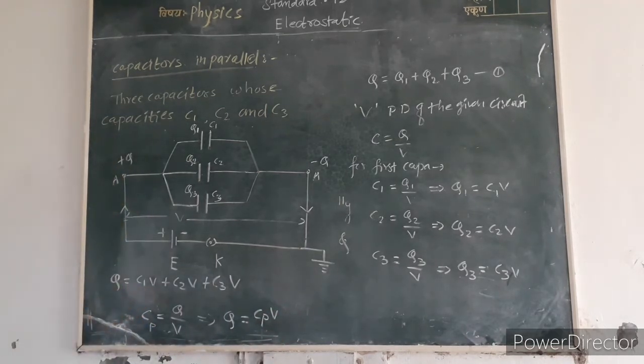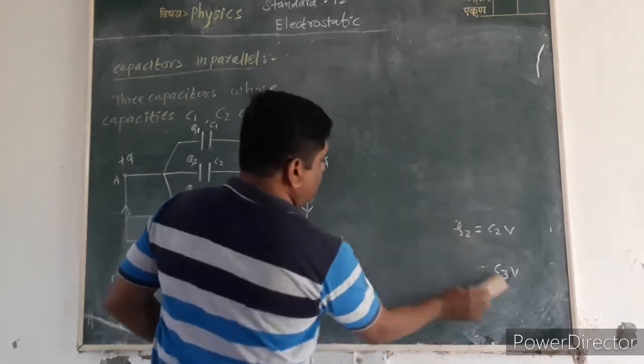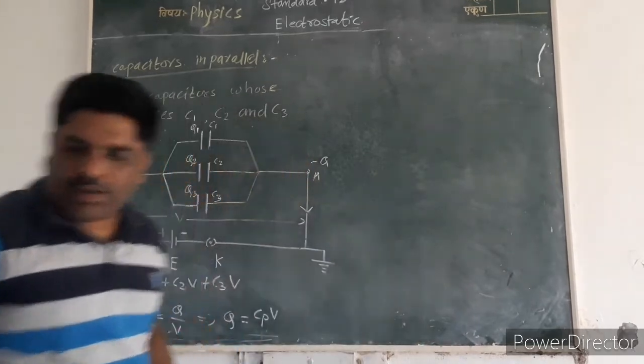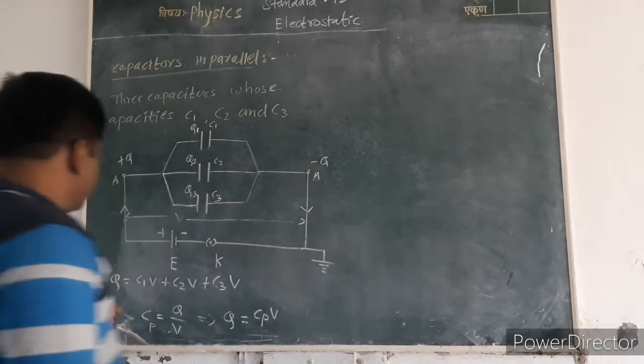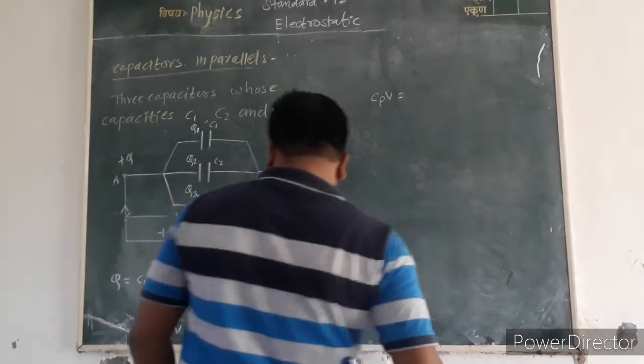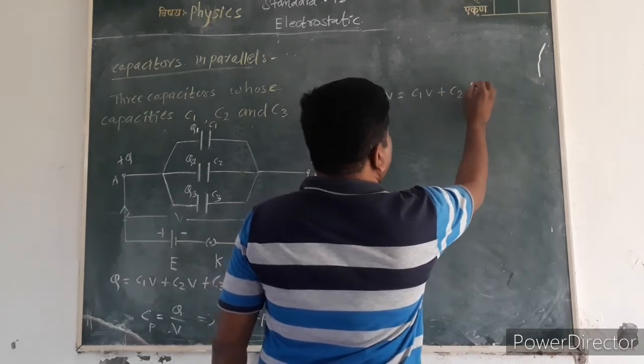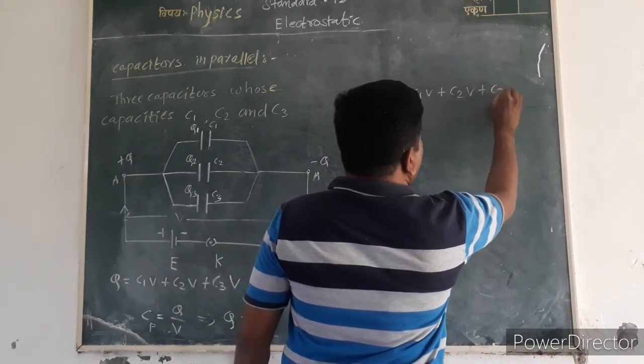Then this equation becomes CpV is equal to C1V plus C2V plus C3V.